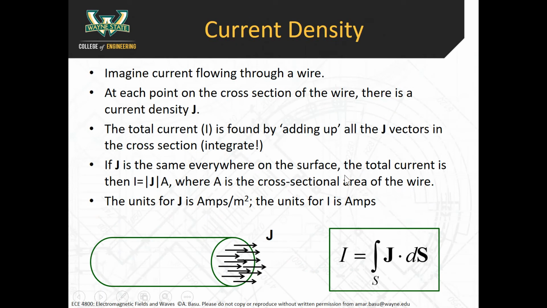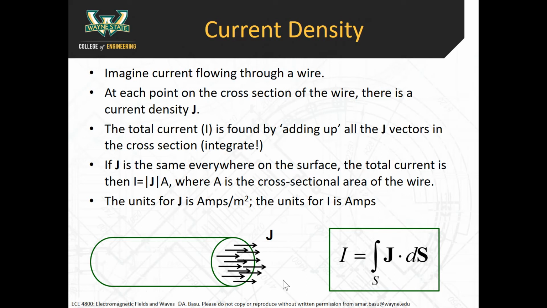So current density is the current per unit area. When we think about current flowing through a wire, if we look at this picture right here, there's a bunch of current flowing through the wire, and that current can be thought of as a bunch of small vectors that are perpendicular to this cross-section, and each one of those vectors is the current density.